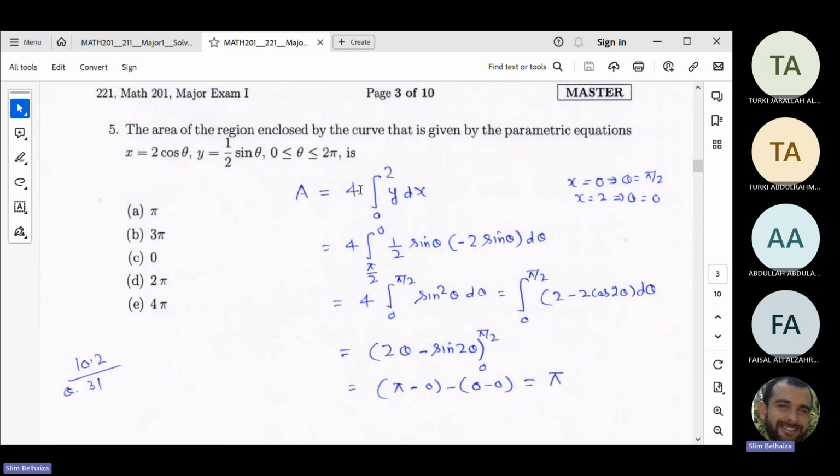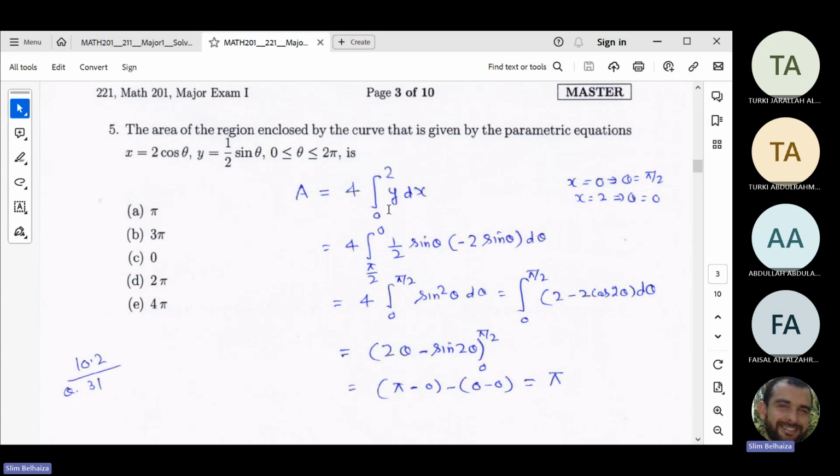So which formula did they use? Here we have y equals half of sine theta, x equals 2 cosine theta.